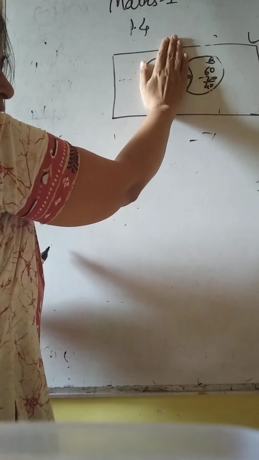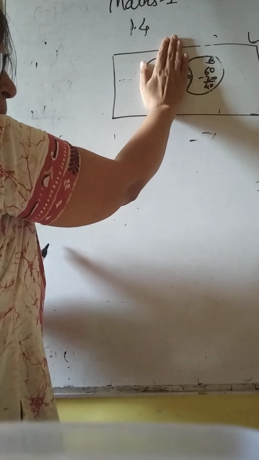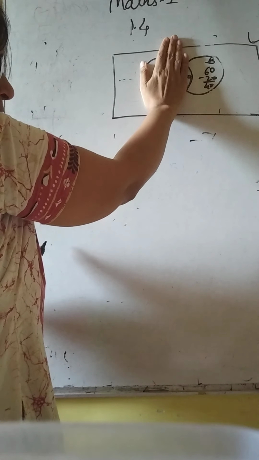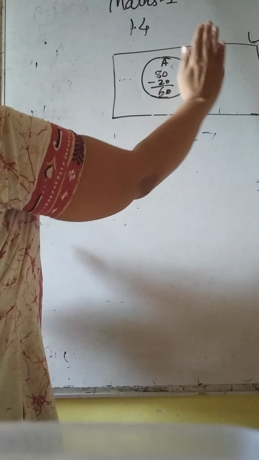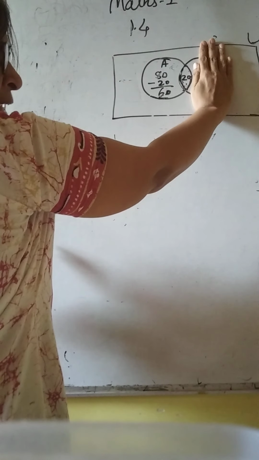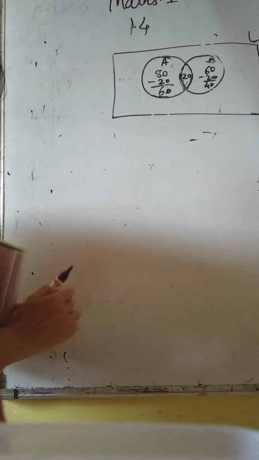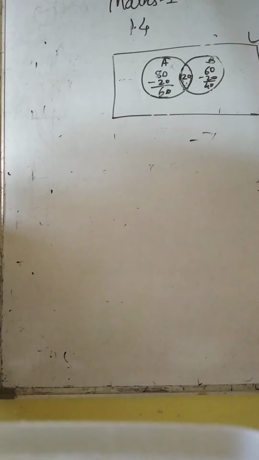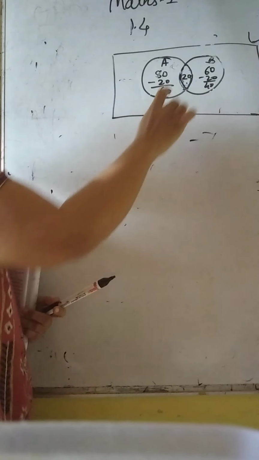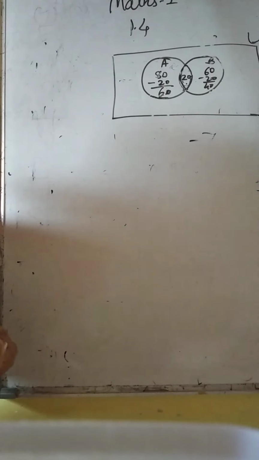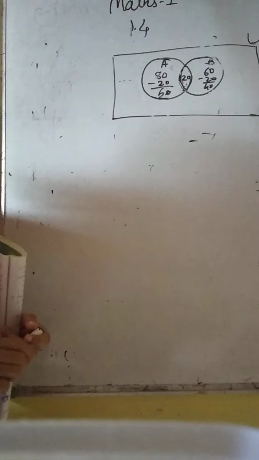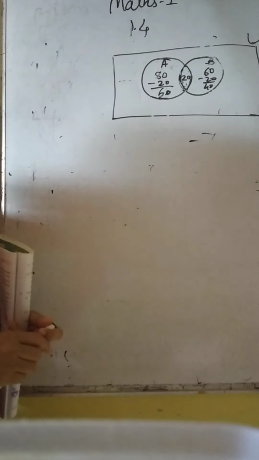They don't drink tea. If someone comes to your house and you made tea, they will say no, I don't drink tea, I only drink coffee. And these others will say no, I drink tea, I don't drink coffee. If the middle ones come to your house, what will they say? These 20 people, if they visit your home, what will they say? Whatever you make is fine, tea and coffee. I drink both, right?